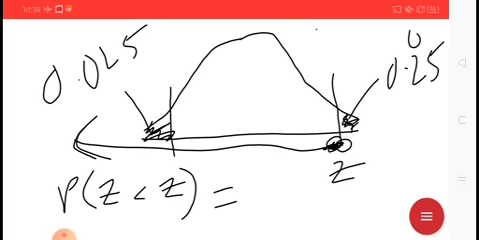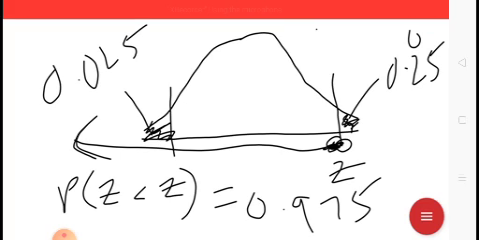The total probability will be 0.975, right? Because you can use 1 minus 0.025, you will get 0.975, right?